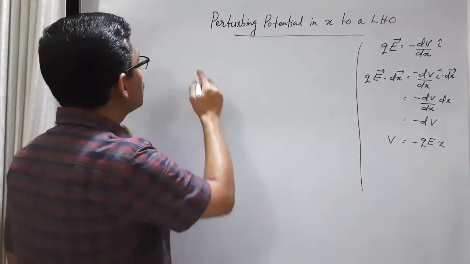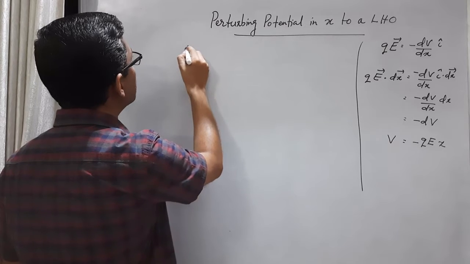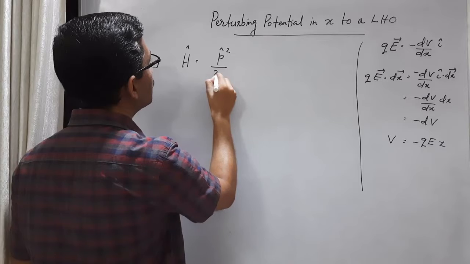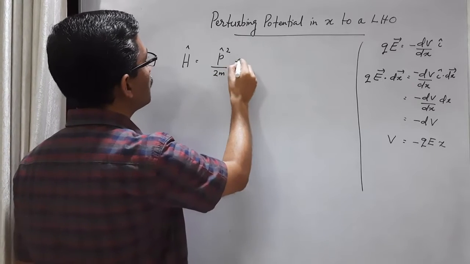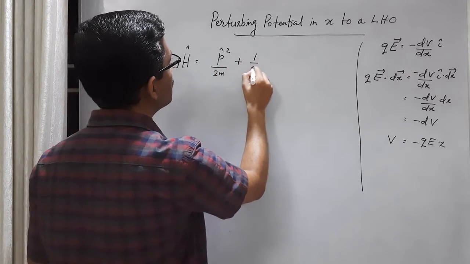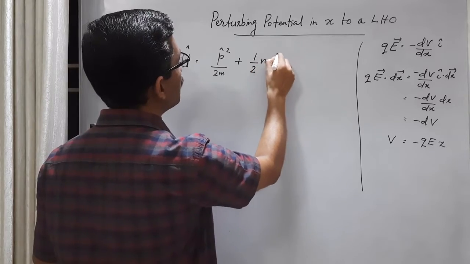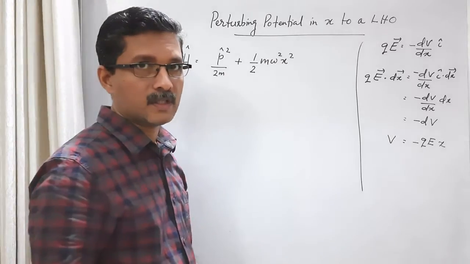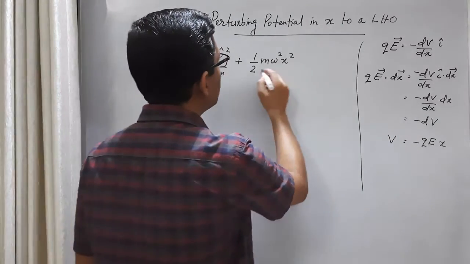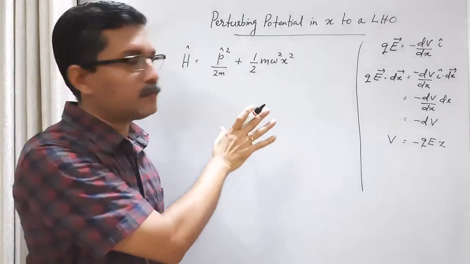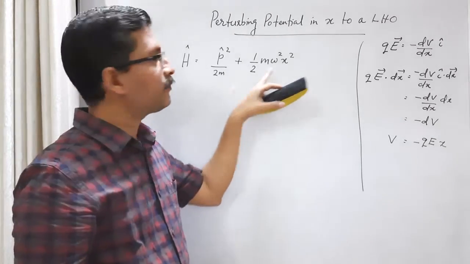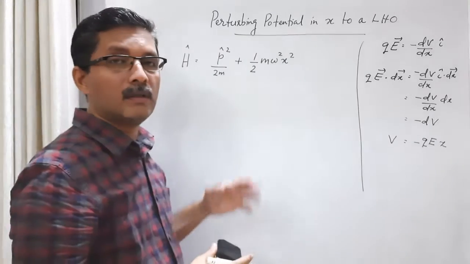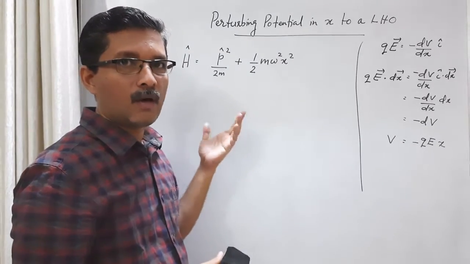The Hamiltonian operator of a linear harmonic oscillator is the kinetic energy operator plus the potential energy, half kx squared or half m omega squared x squared, where m is the mass of the oscillating particle, and x is also an operator. This is the Hamiltonian of the unperturbed oscillator, right?